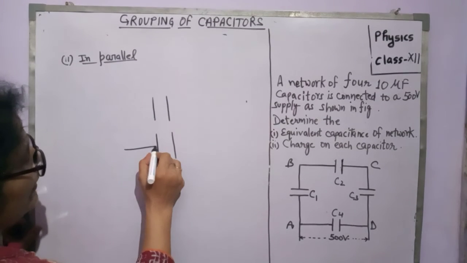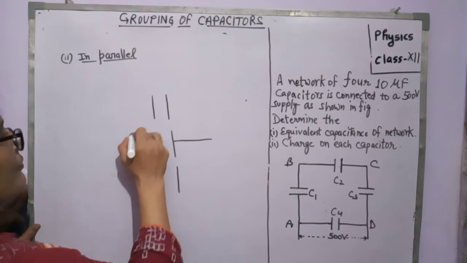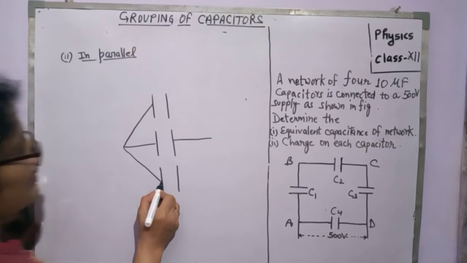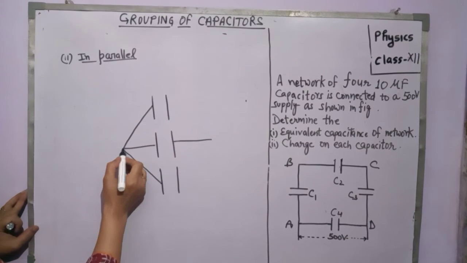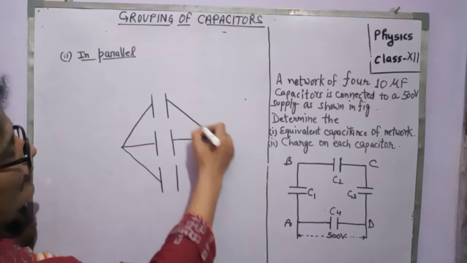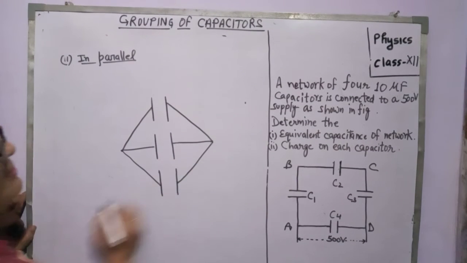This is your first point and this is your another point. This is the first plate of the capacitor. All the first plates of the capacitors are connected to one point, and all the second plates are connected to this point in this way.